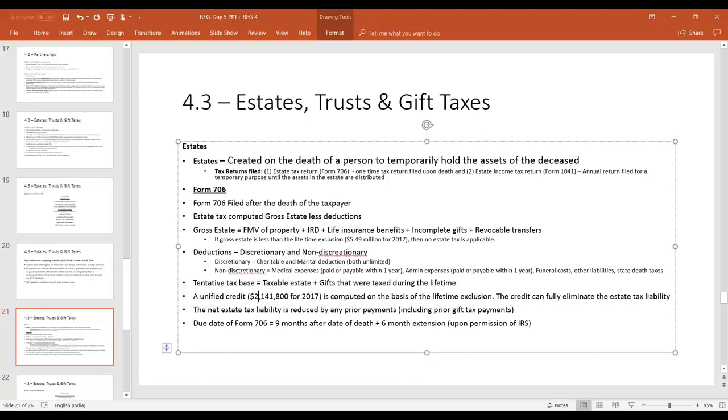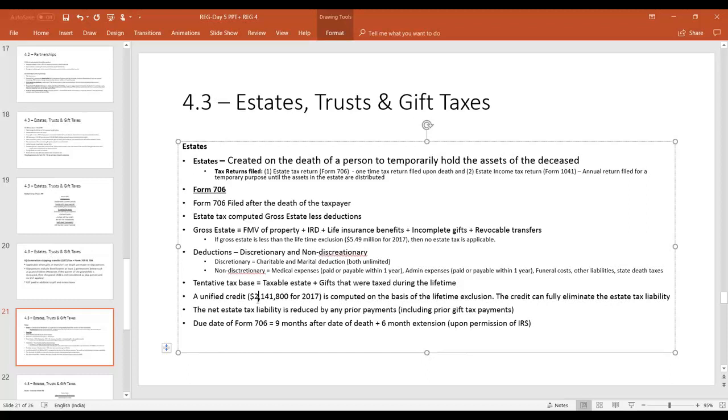These deductions can be discretionary or non-discretionary. Now, what are discretionary deductions? These include a charitable and marital deduction. Like how we did in gifts, here too your charitable and marital deductions are 100%, that is, you can take as much as you want.